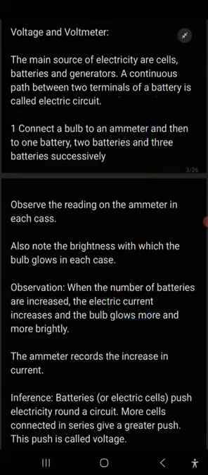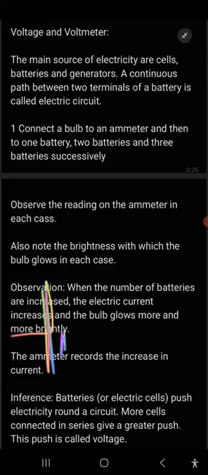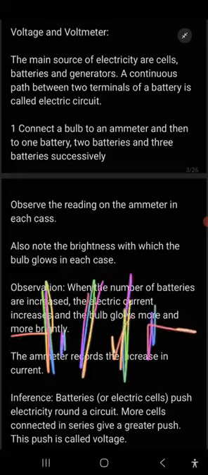Then connect it to a battery. A battery is basically like this: a small one, then a big one again, and then the plus here, I guess.